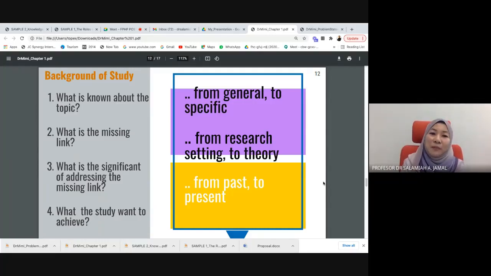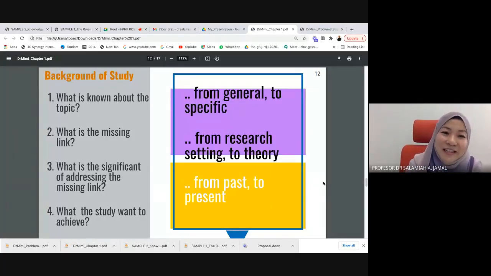So I have broken down this background of study into 4 points, so that you can start writing along these points and not sidetrack or slip from the right path.